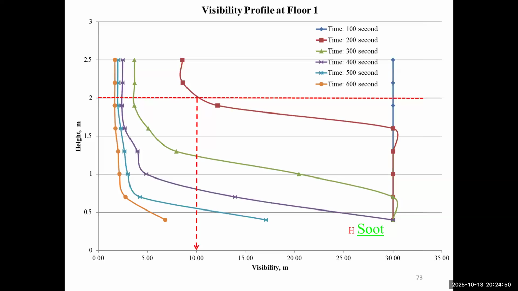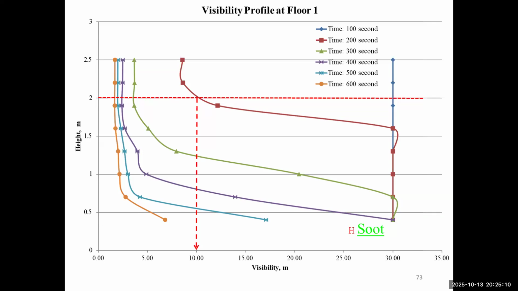But just 200 seconds later, at the 600 second mark, the story changes completely. The orange line shows the visibility has crashed to almost zero at all heights.